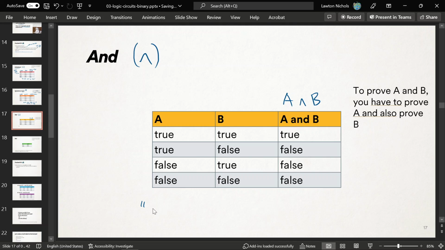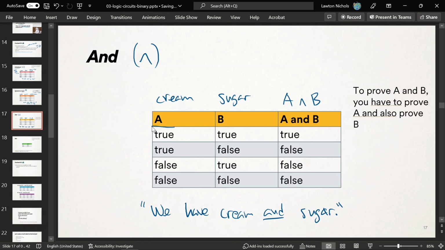Okay? So here's my example AND statement. Let's say the waiter says we have cream and sugar. This is an A and B statement where A is cream and B is sugar. And the AND is claiming that you have both at the same time, right?